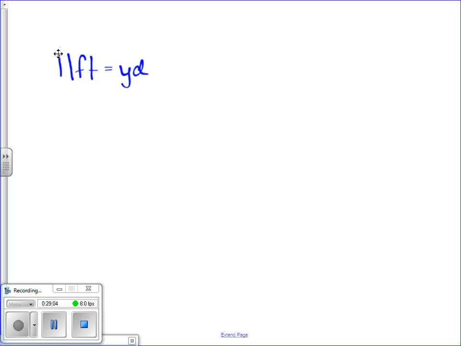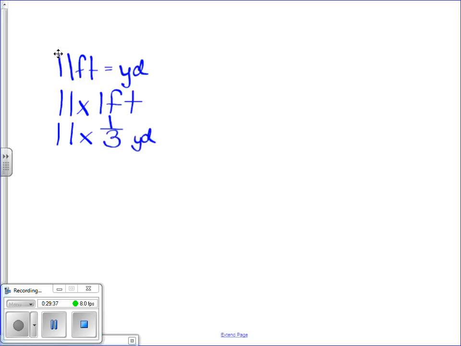You have to see how many feet can go into one. Feet to yards, you divide. So you go by a fraction. So 11 times 1 foot. 1 foot becomes 1/3 of a yard.